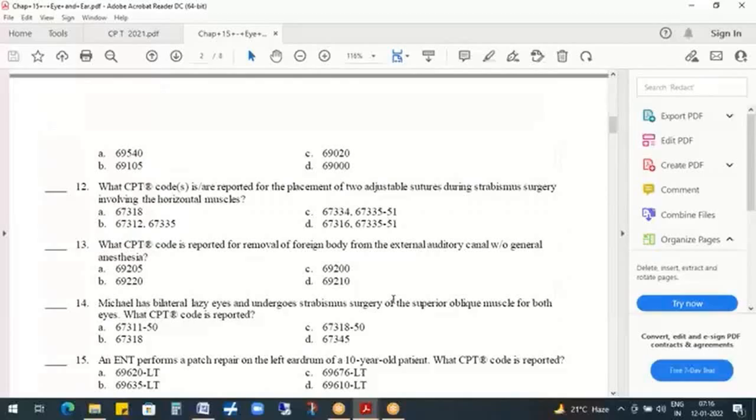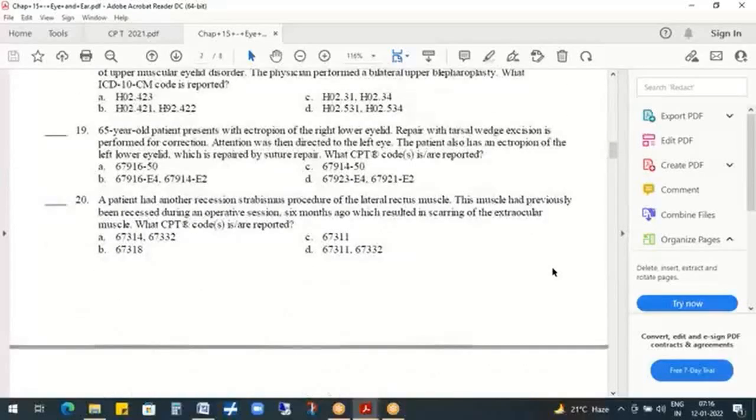Okay. Any doubt in that question? Next question number. 20, sir. Recession strabismus procedure of the lateral rectus muscle. What's your answer?